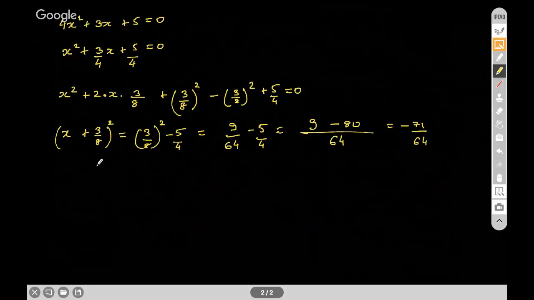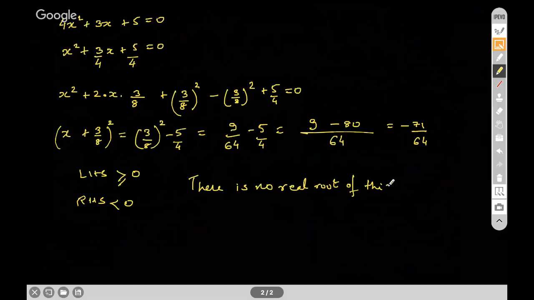The problem is that there is a square term on the LHS, so LHS is greater than or equal to 0, because squares are always either 0 or a positive value, but RHS is less than 0. It's a negative number, so this is not possible. So hence we say there is no real root of this equation.